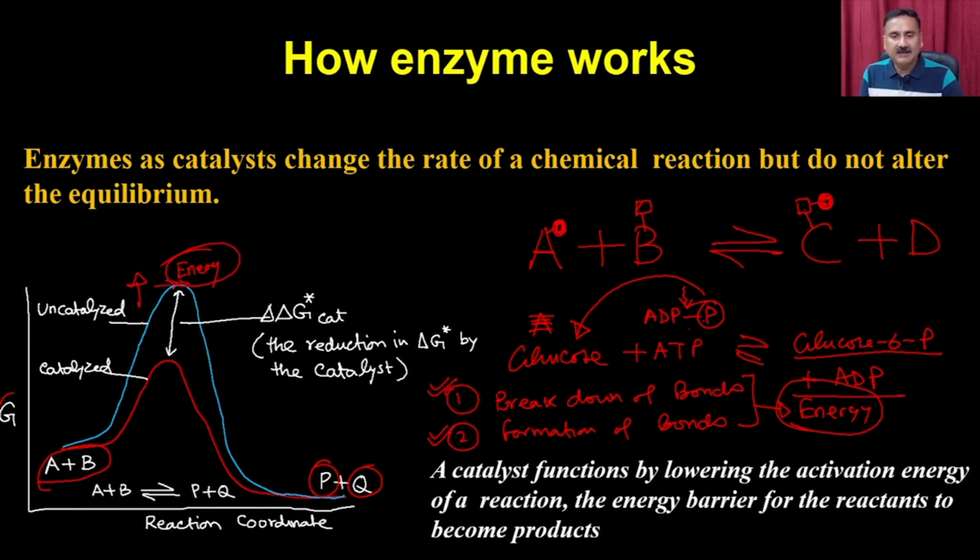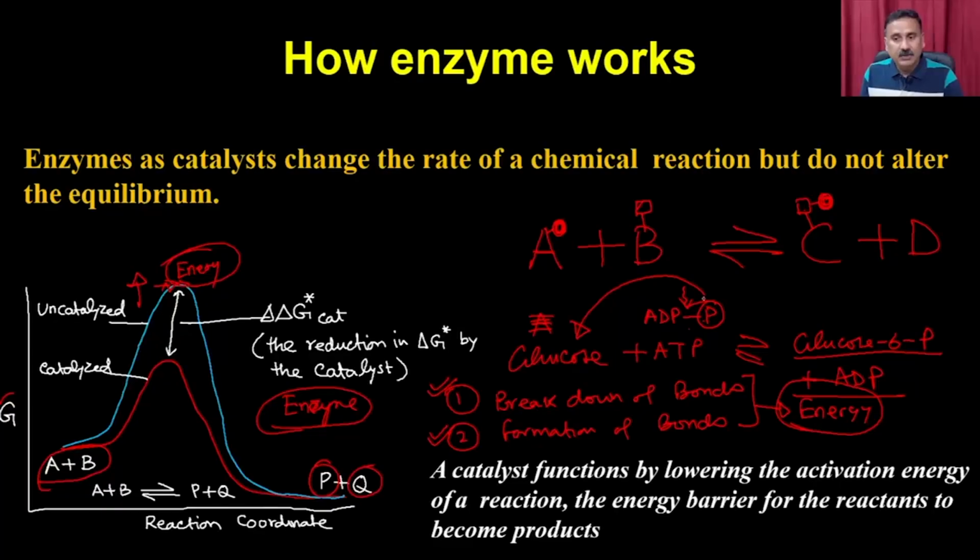Now if I add the enzyme, what the enzyme is going to do is bind the substrate, and the molecules present, for example the amino acid side chains, will facilitate the breaking of the bond as well as the formation of the new bonds.